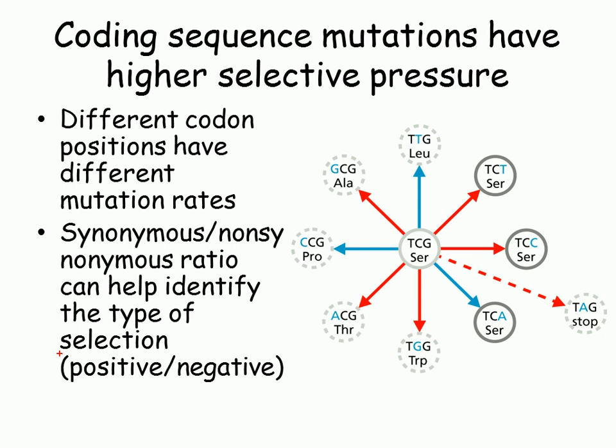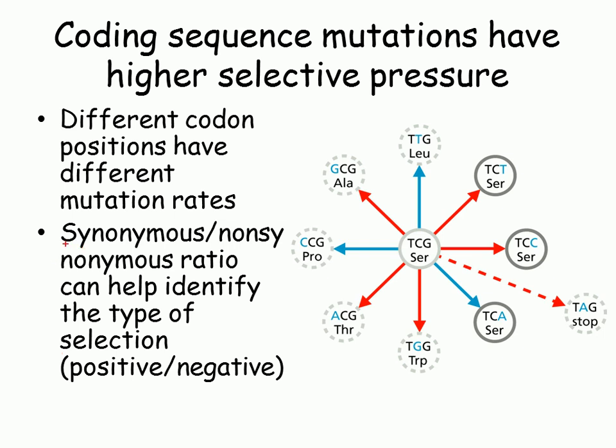So when you mutate a nucleotide, even if it doesn't change the amino acid, it may change other things such as how much that gene is expressed, whether it is degraded, whether it's targeted by a certain microRNA and so on. Okay.